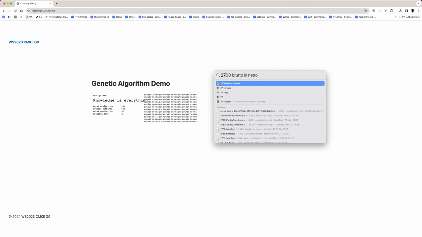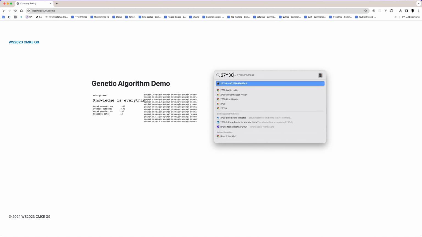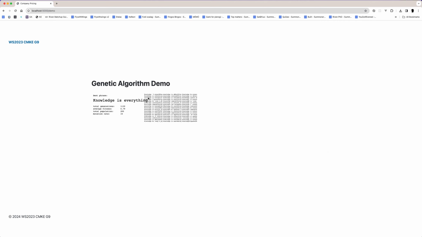And if we assume this whole sentence consists of 30 characters, this would be 27 to the power of 30, for example. So we would have a really long time to search for the correct sentence here. And we can really see that the genetic algorithm is able to find the solution within a short amount of time.